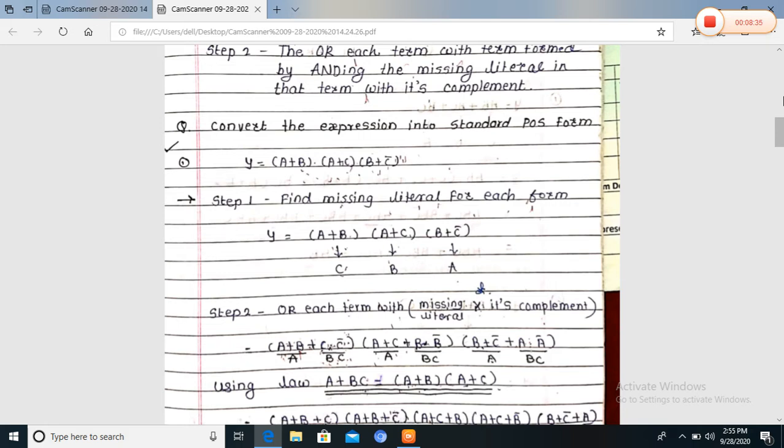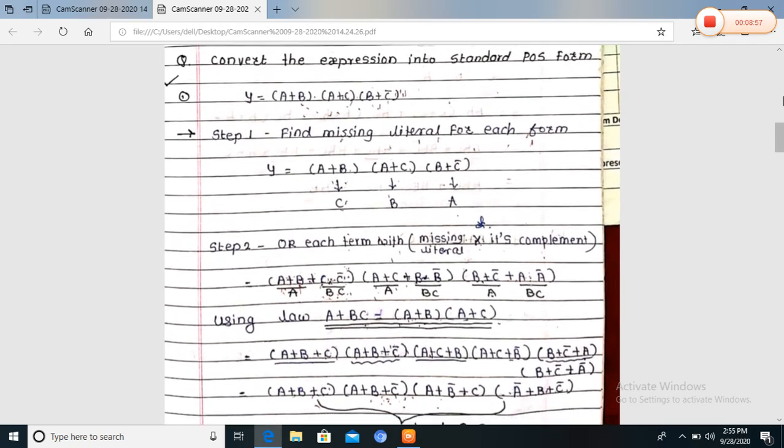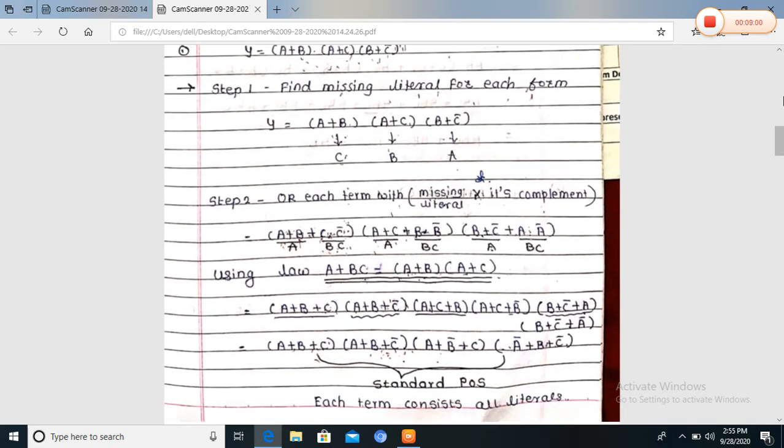Next term, B + C bar, then a plus sign, the missing literal A and its complement A bar multiplied. This is the second step: OR each term with the missing literal and its complement.